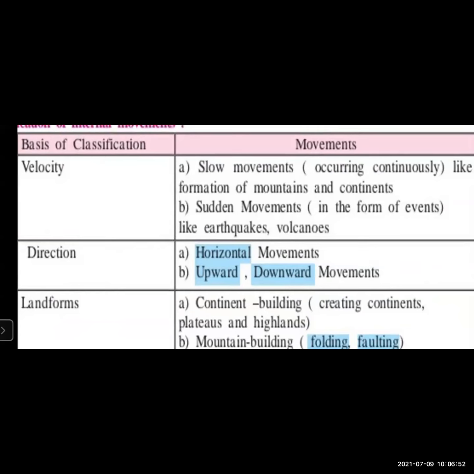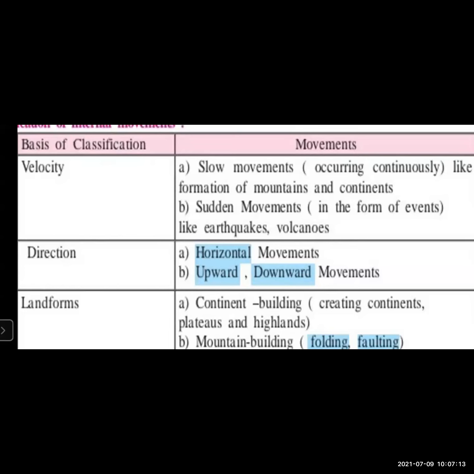It takes a lot of time to form a mountain or continent. So that is why it is called the slow movement. And the sudden movement is in the form of events like earthquakes and volcanoes. Suddenly they are erupting very quickly, without any warning. So it is called the sudden movement.